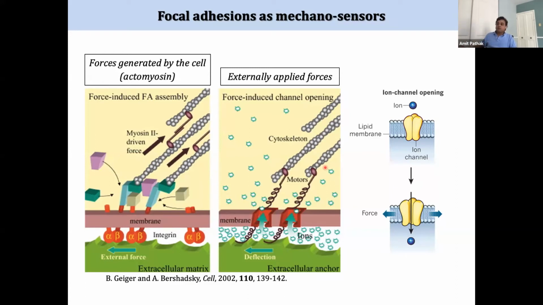But the feedback loop will not just keep going on forever. If the extracellular matrix is soft, let's say, it will not support forces, then the feedback loop will stop, meaning that it will stall, and the force generation machinery will only work until the force is achieved that the extracellular matrix can support.